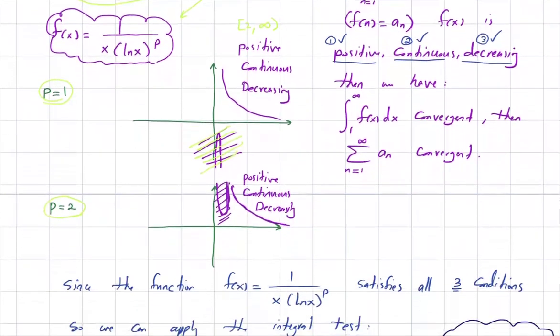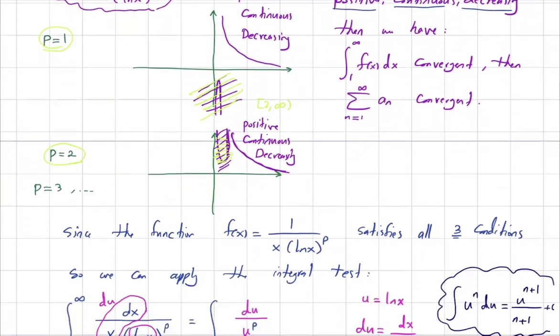If you plug in p equals 2, again, you can ignore this part of the graph because you are on the interval 2 to infinity, and the function is positive, continuous, and decreasing. You can plug in other p values if you want to, and then use Desmos, p equals 3, any other value, and analyze the behavior of this function. Indeed, the function is positive, continuous, decreasing on the interval 2 to infinity.